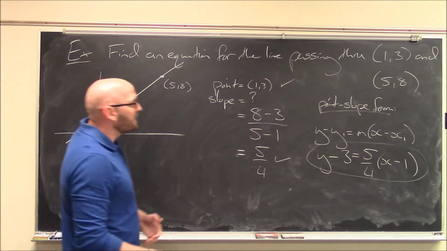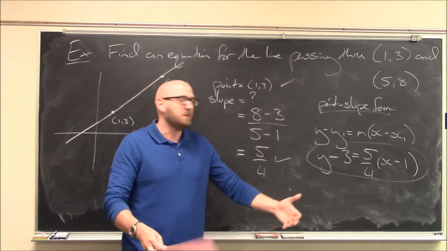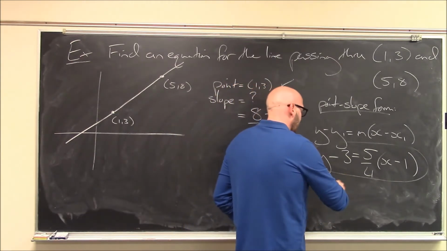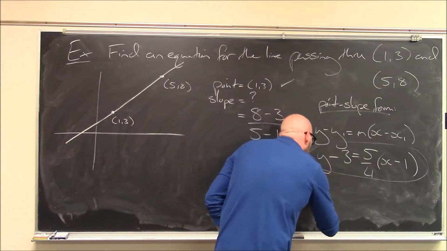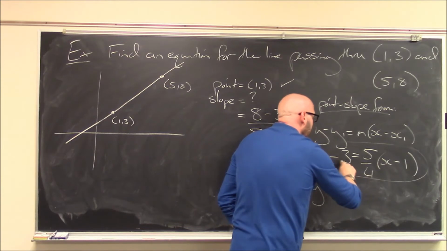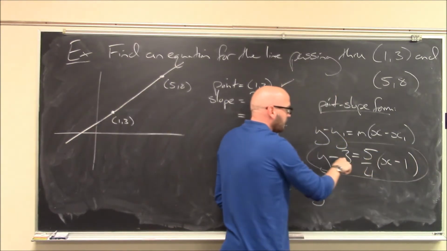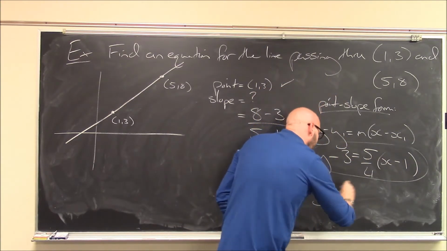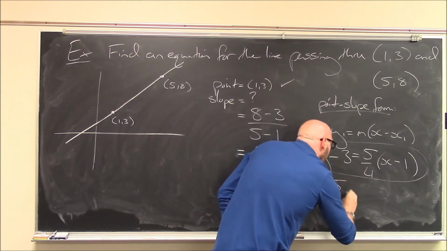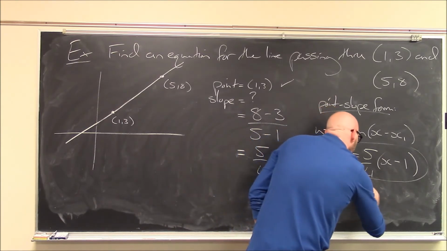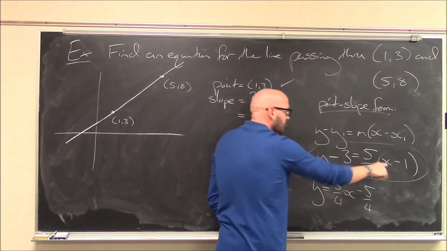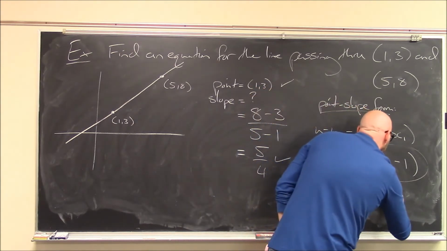My math lab, though, they might specify to give your answer in the form y equals something. So if you were to do that, just solve for y. So y equals, we'll add 3 to both sides, and we'll distribute this at the same time. So 5 over 4 x minus 5 over 4, and then we're going to add 3 to both sides, plus 3.